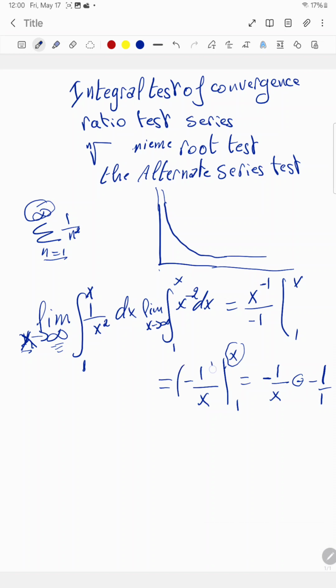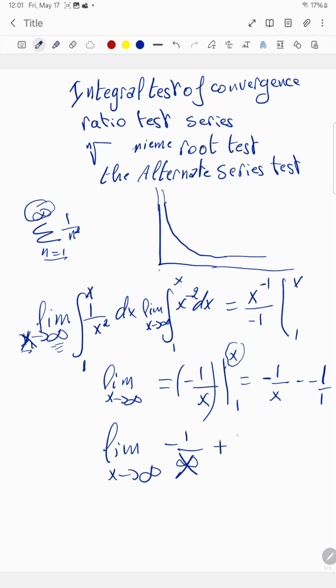And the minus 1 in my term is minus 1, so it becomes plus 1. So there is a limit when x goes to infinity of minus 1 over x, plus 1.